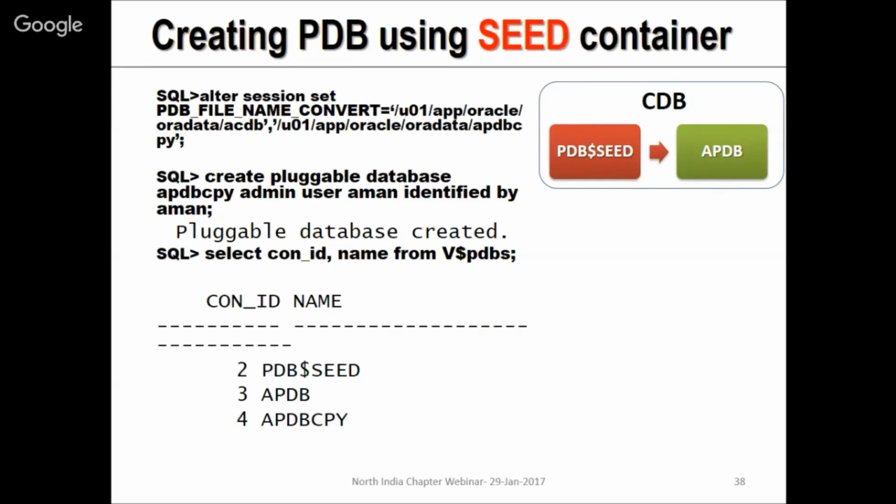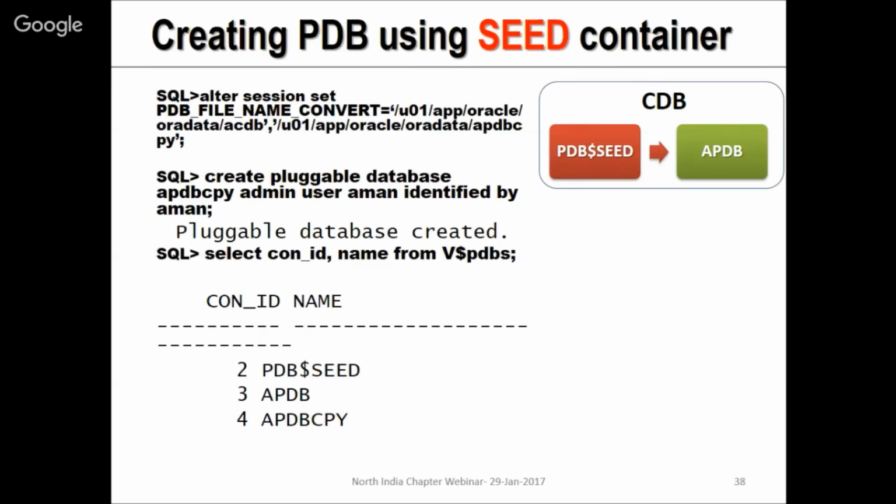So you can see that we are mentioning a user called Aman, which is going to be the admin user, identified by the password, and this pluggable is going to be created from the copy of the PDB seed. Because we're not using OMF, we are using the file name convert parameter over here. In case I'm using OMF, such a parameter is not going to be required.